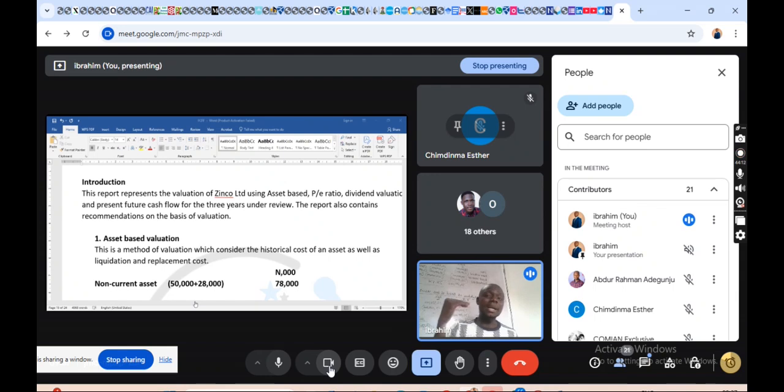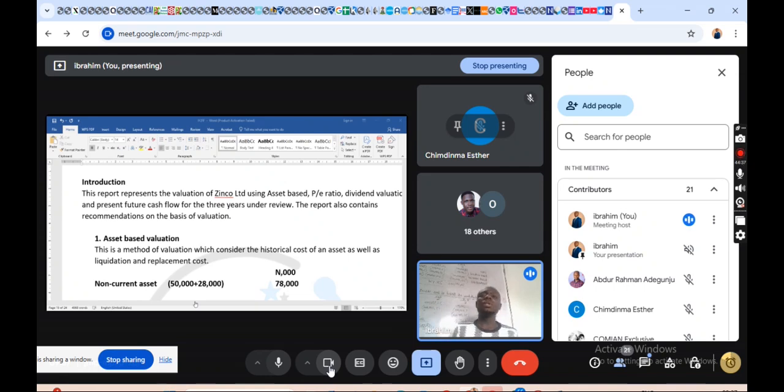Now, look at my introduction. Your introduction should include what they ask you to do, right? The question says that we should value it based on the asset base, PE ratio, dividend valuation.